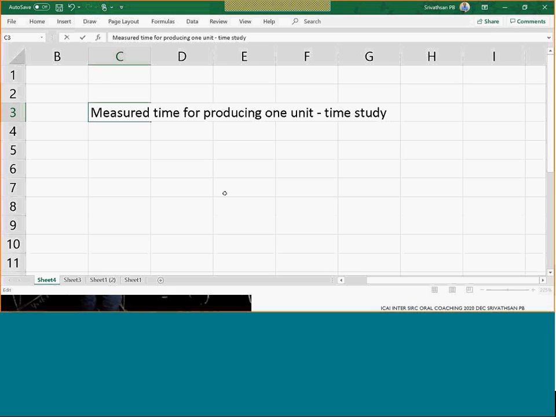You take measure time. Remove activities from the process.